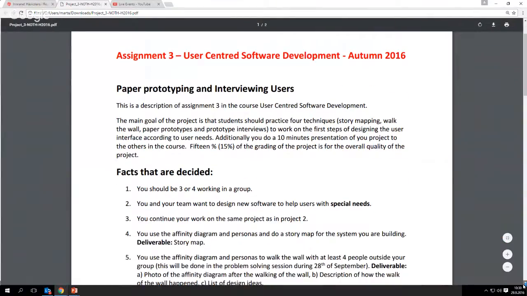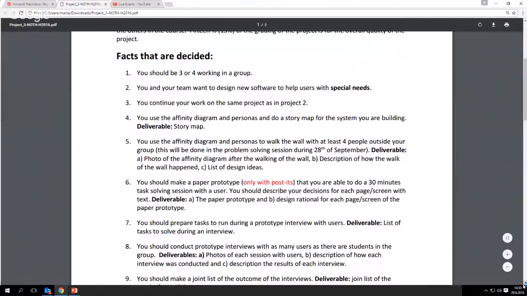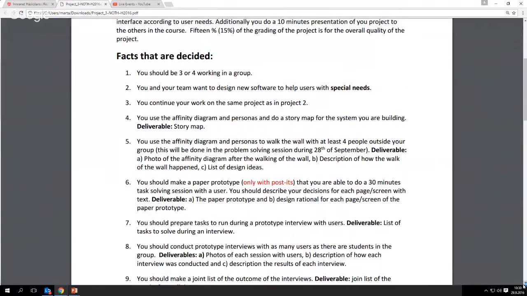So you continue your work on the same project as in project 2. The first thing you do is to develop a story map, like Birna taught you to do, and you had a problem-solving class to do that. So you should know the method. That was the thing that you did for the bank in the problem-solving class.